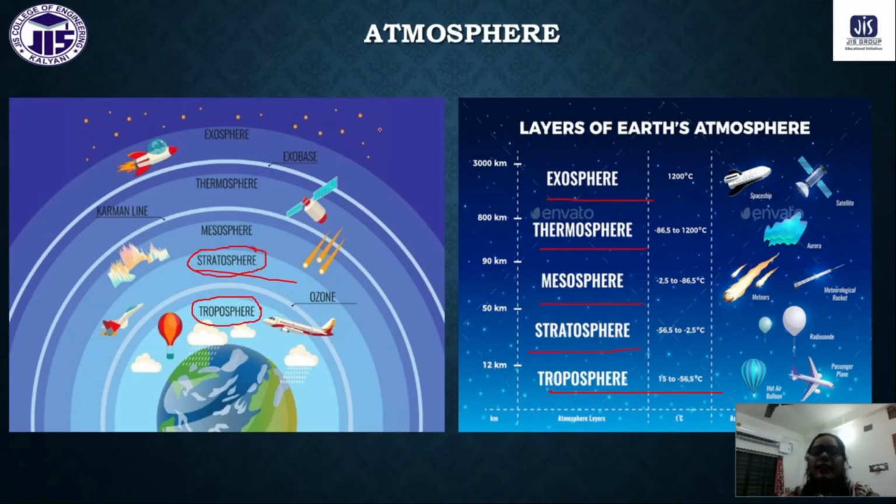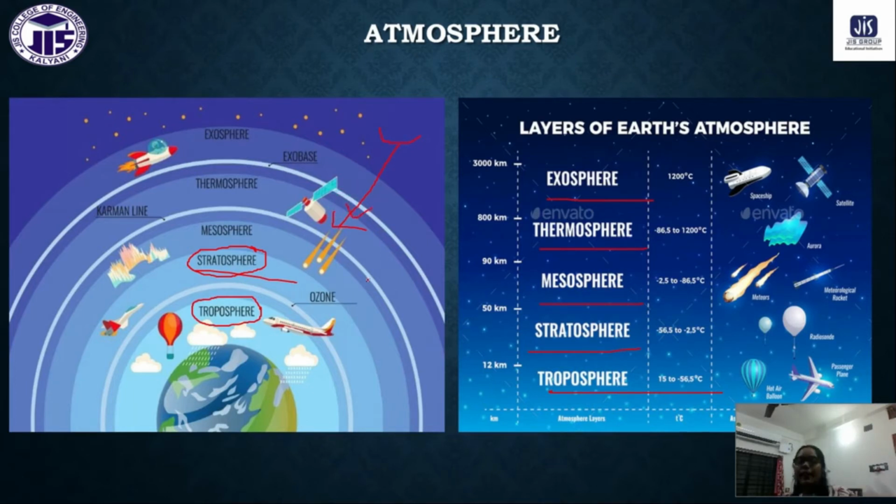The energy we get from sunlight includes many different types of radiation. Among them, UV radiation is very harmful for any type of living system. So while sunlight passes through the stratosphere, the ozone molecules absorb this UV radiation.